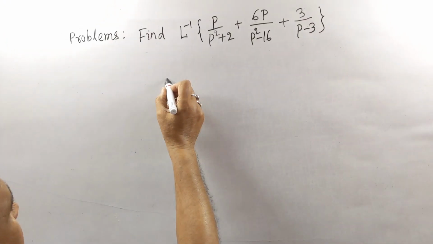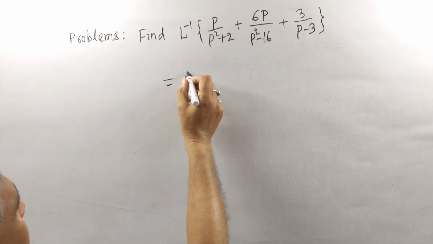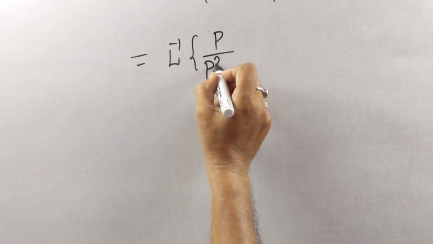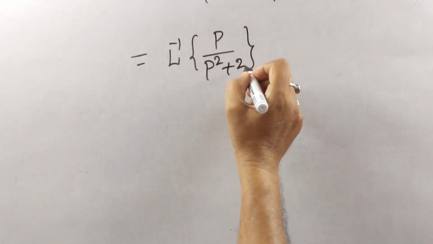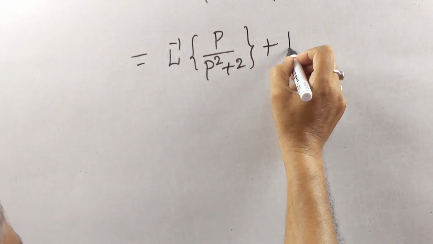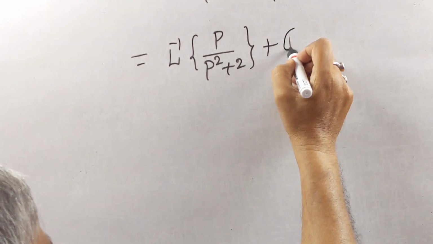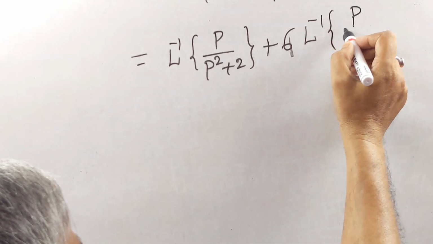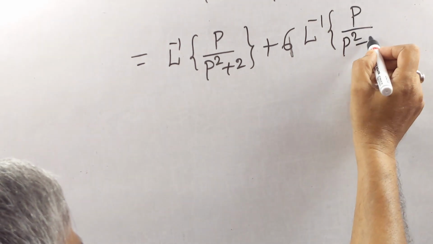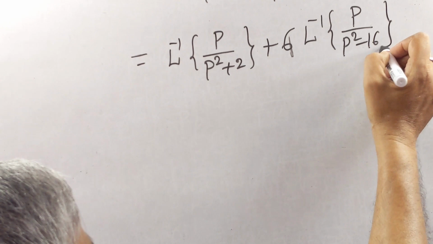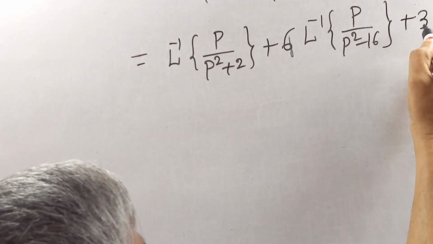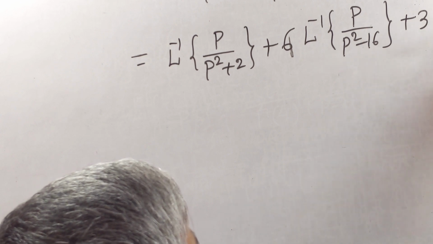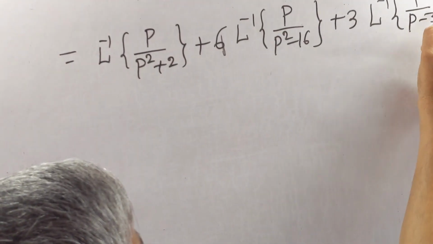So we may write this equal to L inverse p by p square plus 2, plus 6 L inverse p by p square minus 16, plus 3 L inverse 1 by p minus 3.